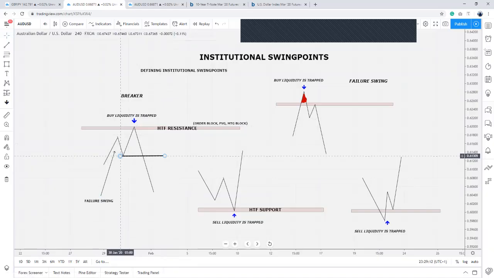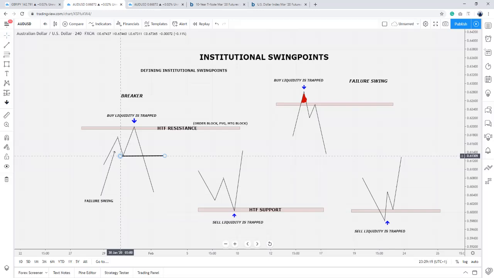Okay, so the first thing you want to do is to have your higher time frame resistance level or support level in place. So you want to know where price is reaching for. If you have questions with that, refer back to the first video covering IPDA ranges, where I mentioned institutional reference points where price is most likely going to reach for.